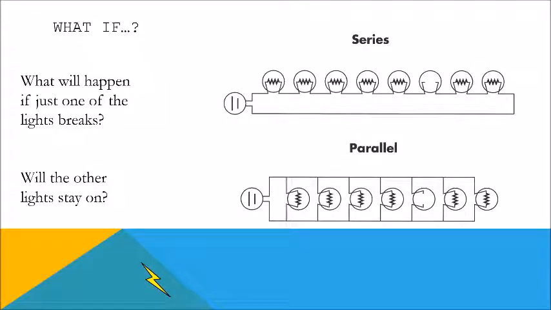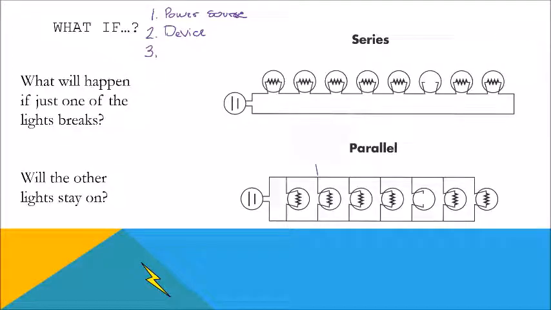We need to keep in mind that there are 3 things that we need for a successful circuit. First is a power source, which we have in both cases. The second is some device that draws the current. In this case, it's light bulbs, but it could also be resistors or fans or cell phones.